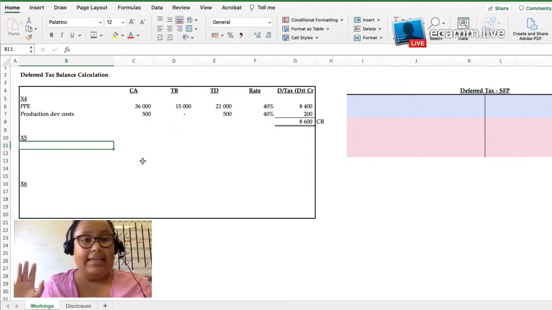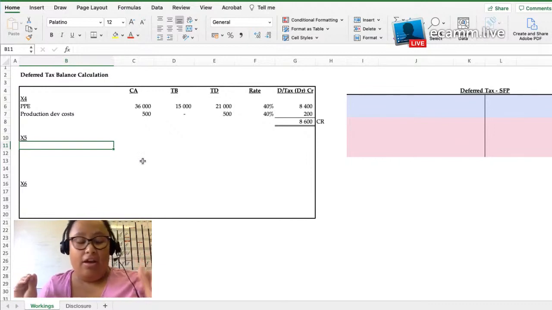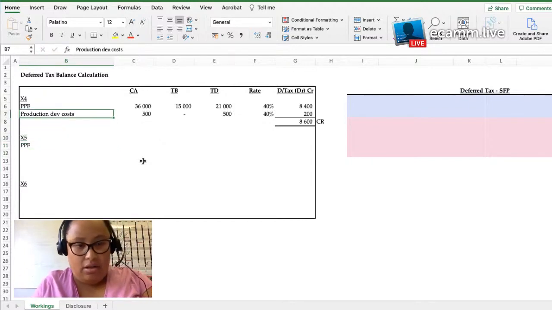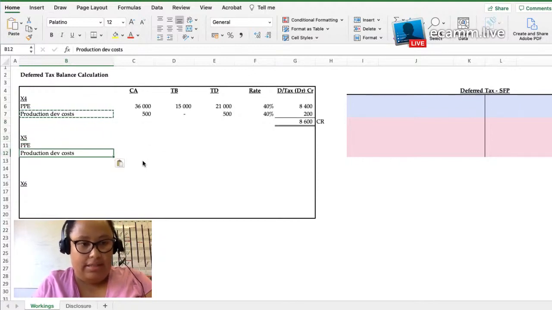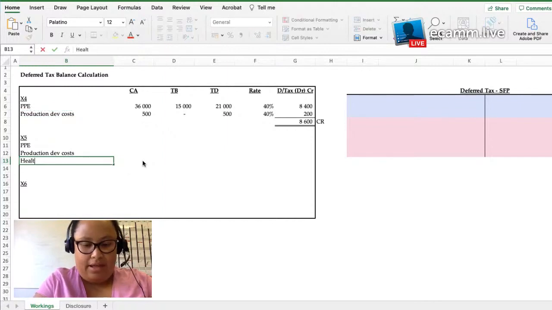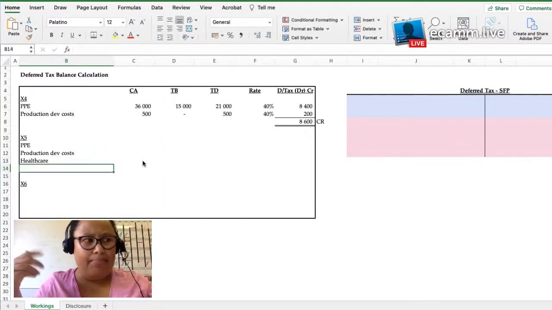Okay, then in year X5 there are actually 3 things that are going to give rise to deferred tax. So it's the PPE. Okay, it's still the production development costs that are coming through, and then it's the employee benefit.